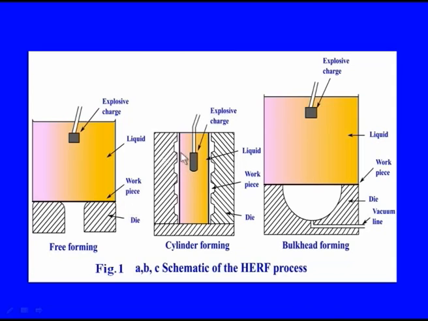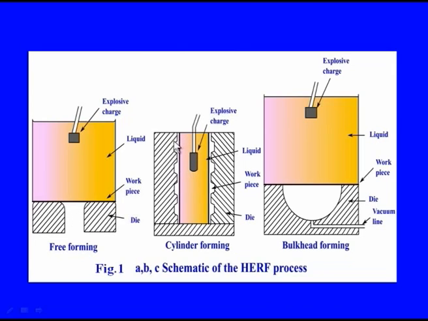Now, once this explosive charge is exploded, the energy will be transferred in all directions, and this energy will cause this plate to deform and take the shape of this die. This is the basic principle of this process.